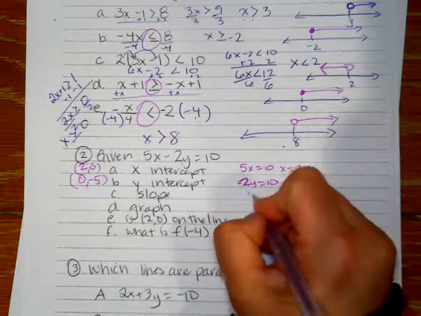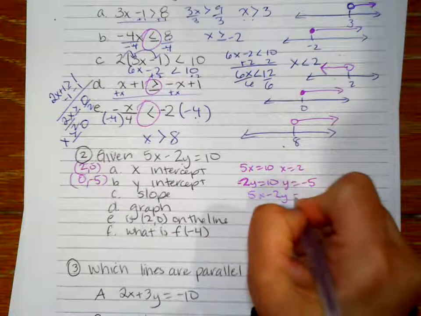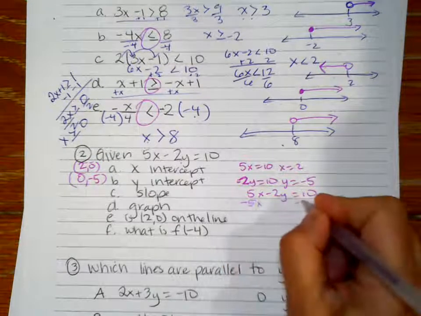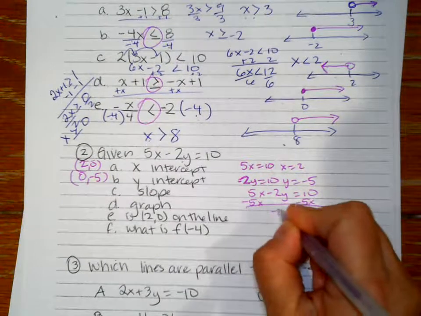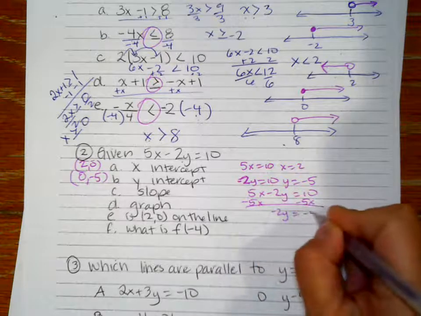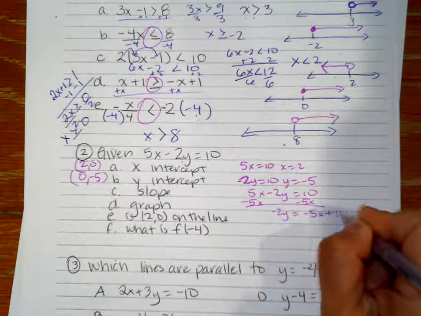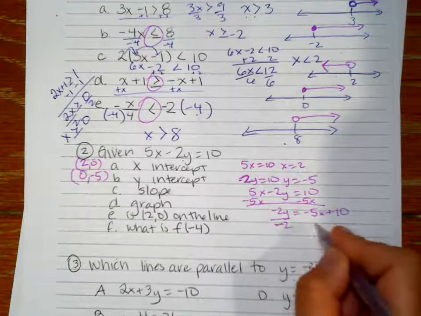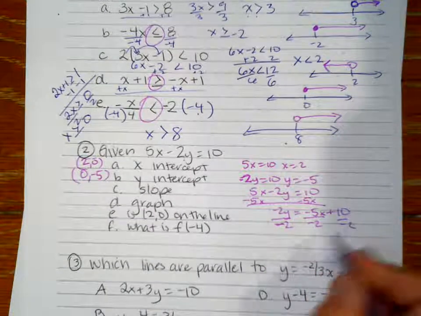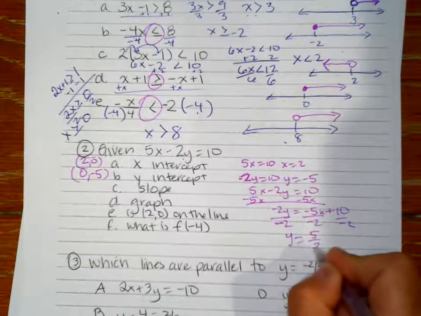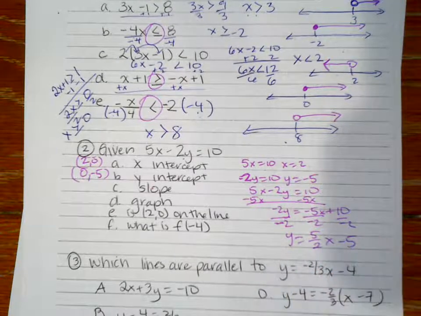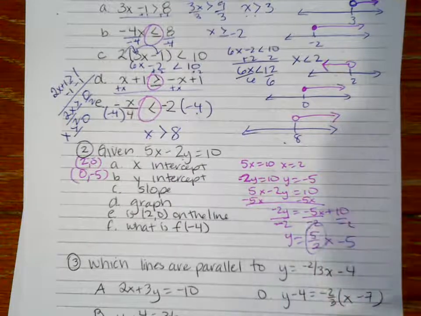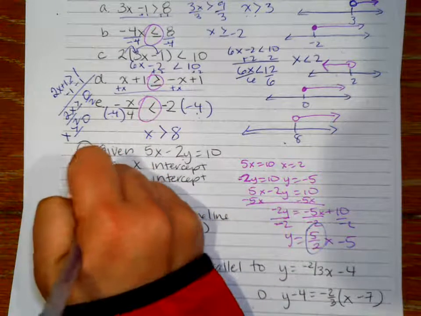So we have 5x minus 2y equals 10. I'm going to subtract 5x from both sides. I get negative 2y equals negative 5x plus 10. Divide everything out by a negative 2. And y is equal to 5/2 x minus 5. Okay, so my slope is right here. My slope for this is 5/2.